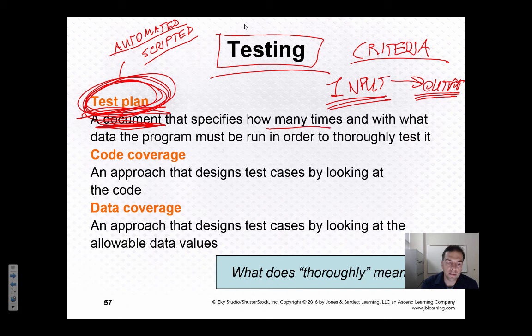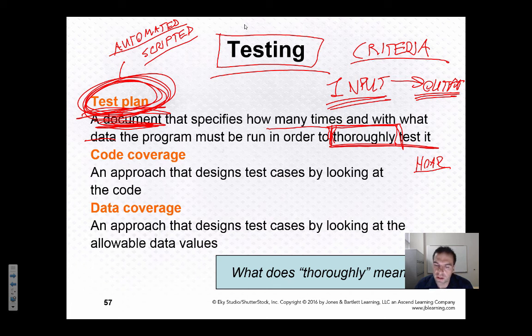It says how many times and with what data you have to run it in order to thoroughly test it. It's been proven by a guy named, I think, Hoare, that it's pretty much impossible to 100% test your code.